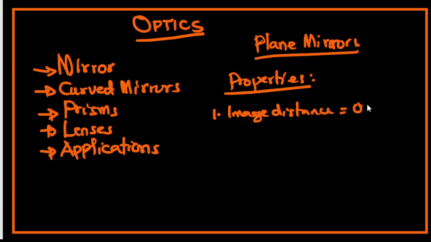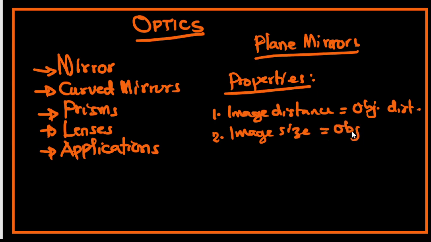Image distance equals to object distance. Then we have what? Image size is equal to the object size. And practically, if an object happens to be running in front of a plane mirror, the image of that object is also going to be running.